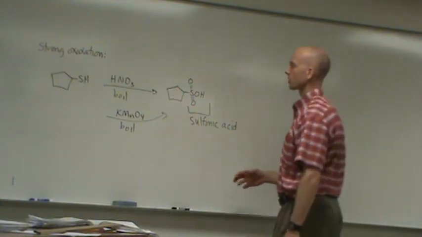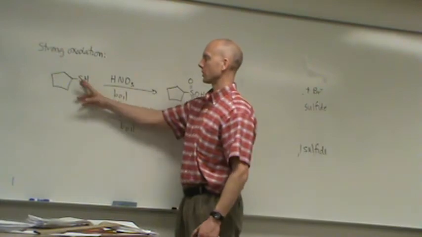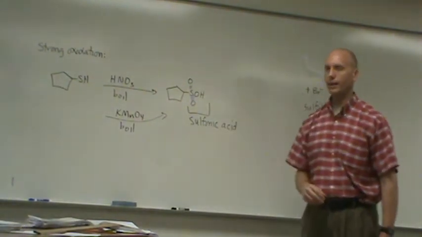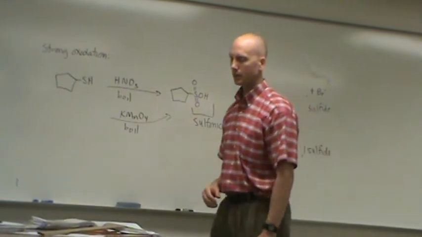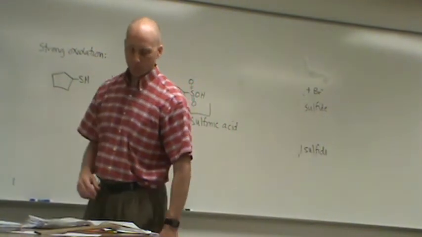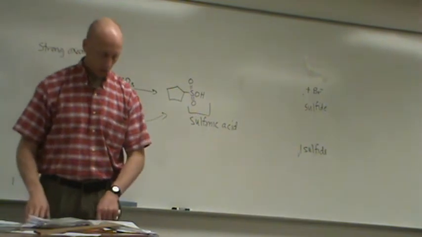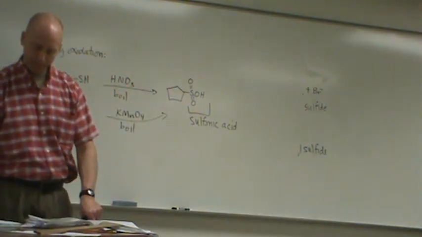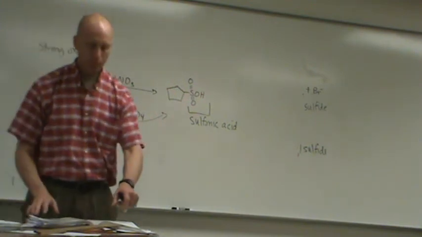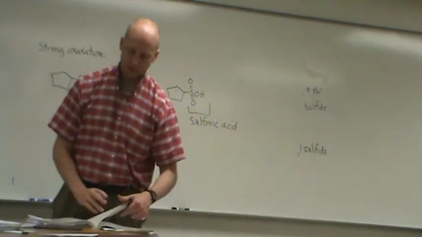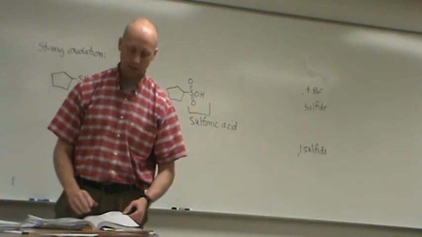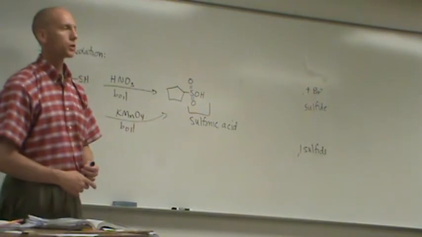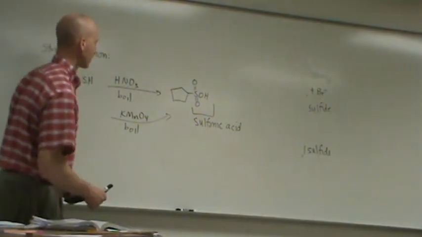All right, so this is how we can oxidize the thiol to the sulfonic acid. Okay, so that ends chapter 10, more reactions with thiols. Now we'll go on to chapter 11.